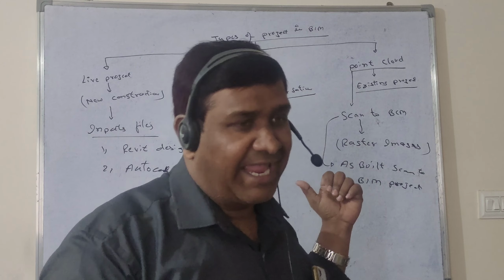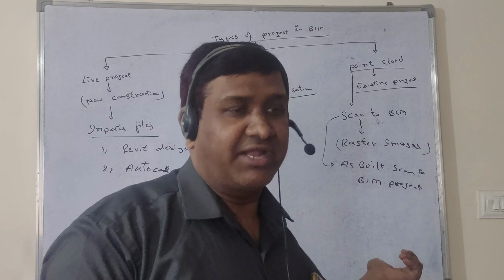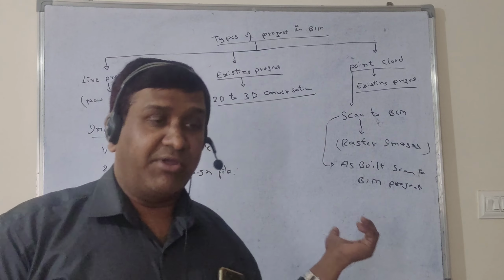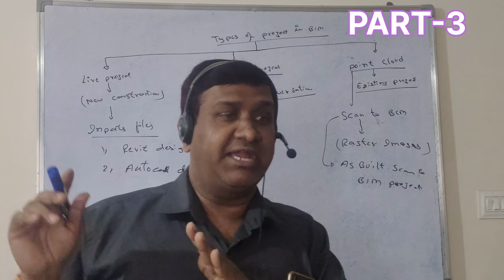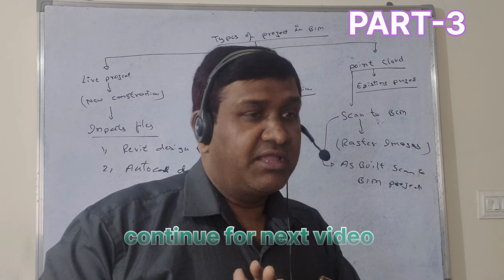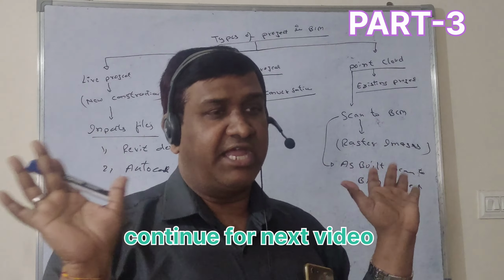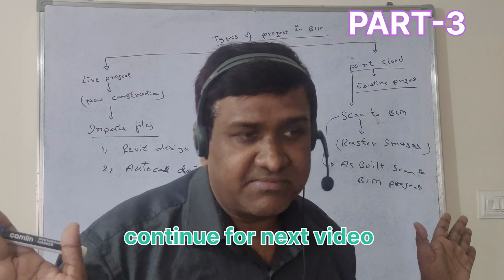Now you may ask, sir, in a live project, why are they using AutoCAD again? Because REVIT is fine. Some companies in the market right now know the design fully, but they don't know REVIT.